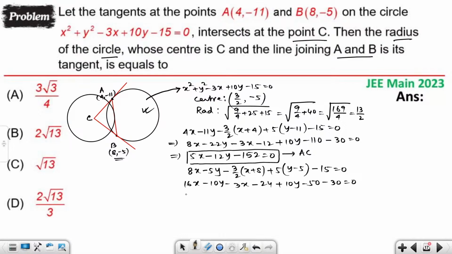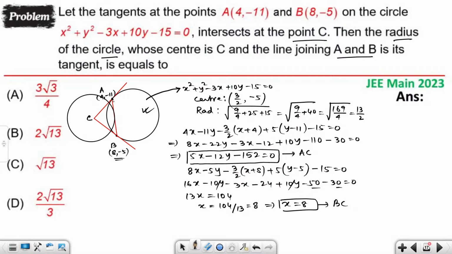So you are getting 13x. Oh, this y goes off. Fantastic. So it's coming like 13x, then we are having 104. So directly we are getting x as 104 divided by 13, that is coming to 8. Okay, so x is 8. This x equals 8 is basically the equation of BC.